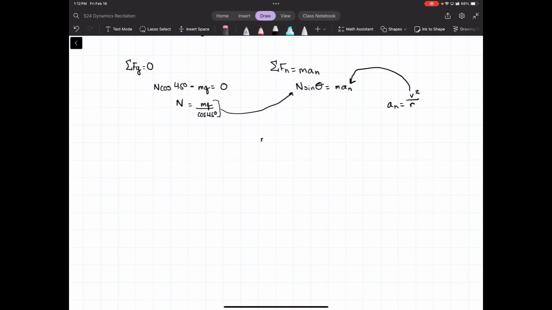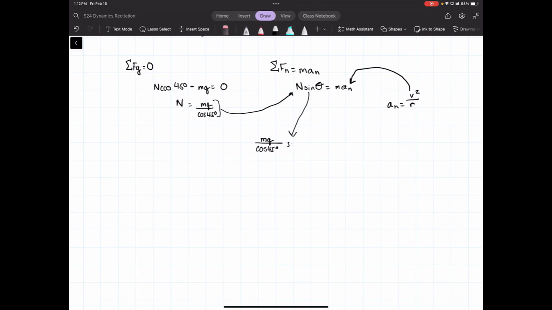So we'll have that mass times gravity over cosine of 45 degrees is equal to mass times velocity squared over r. Oh, I forgot the sine term. Whoopsie. We need to put this sine term in here as well.